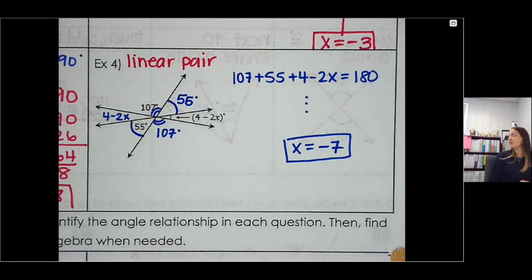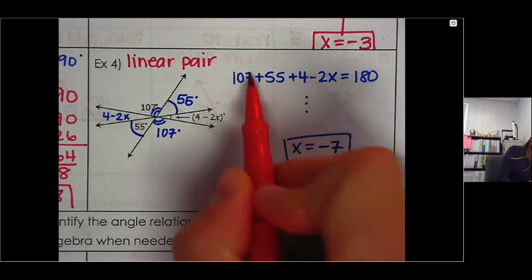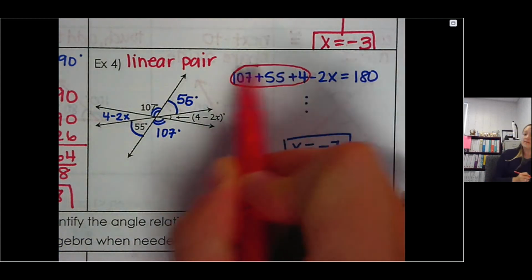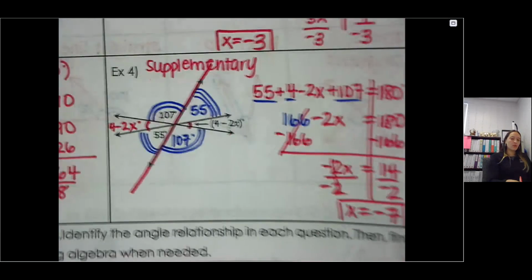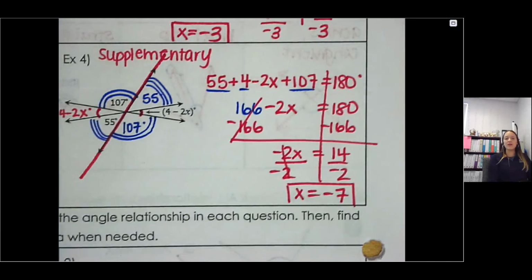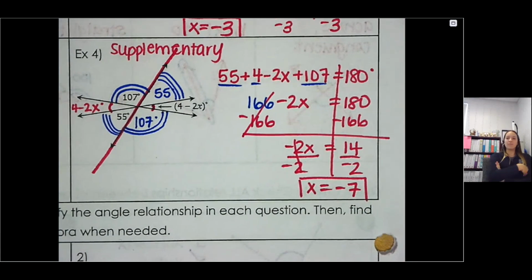Yes. Correct. I would combine like terms. I would put these together. Yeah, I can actually show you my other one that has the answer for it. Okay, now, they're a linear pair, supplementary.